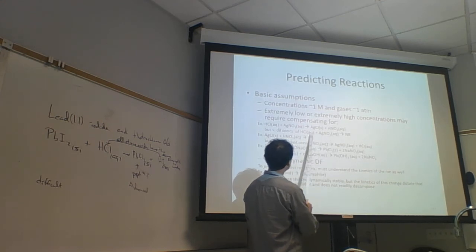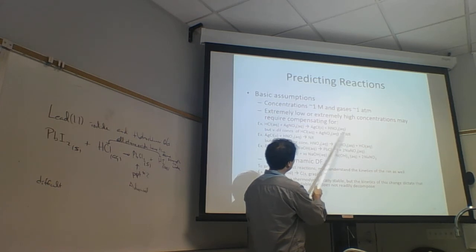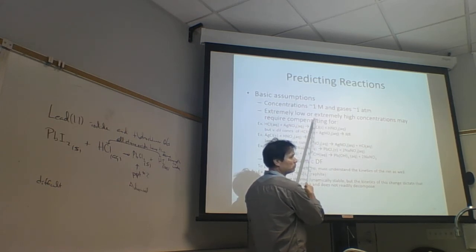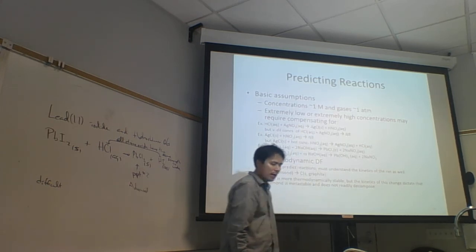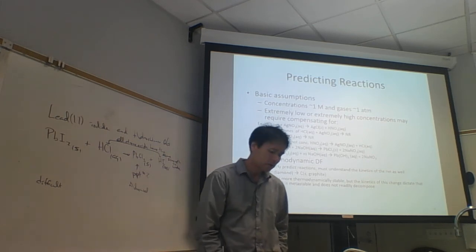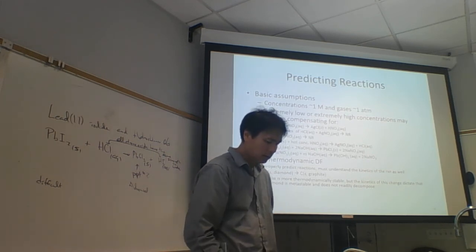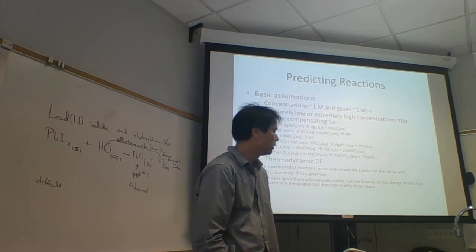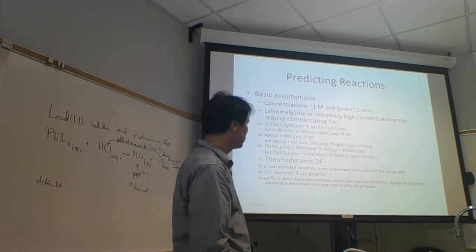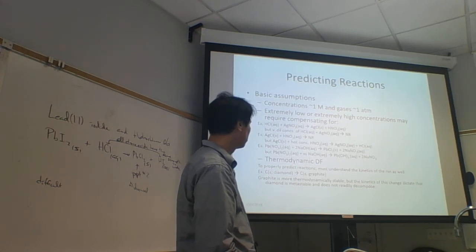Nothing happens because the concentrations are too low. And so, yeah, we predict a reaction should occur, but if things fall outside our little window, then it's more difficult to predict.